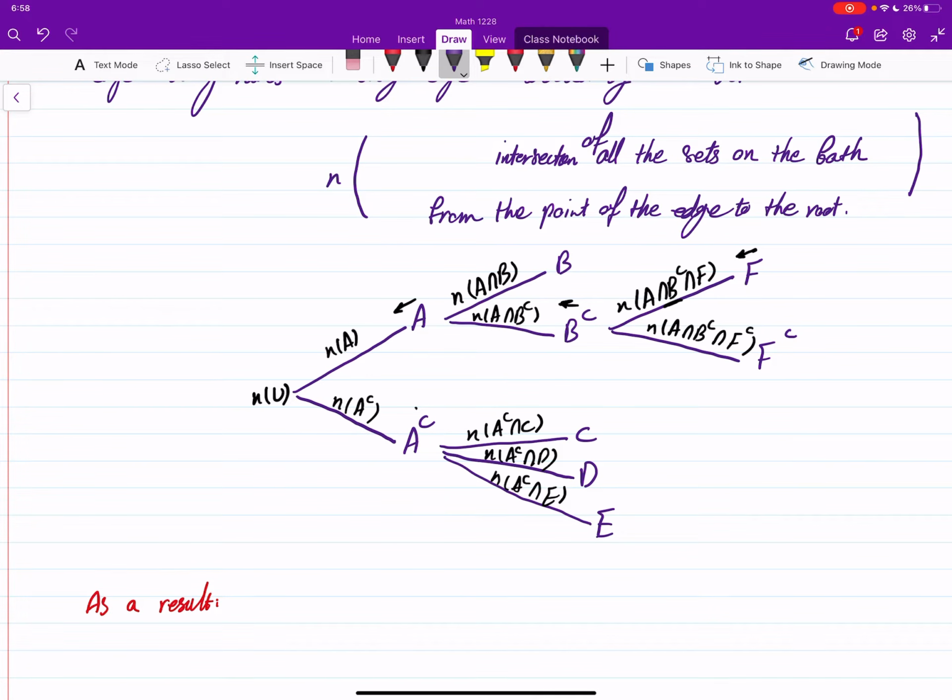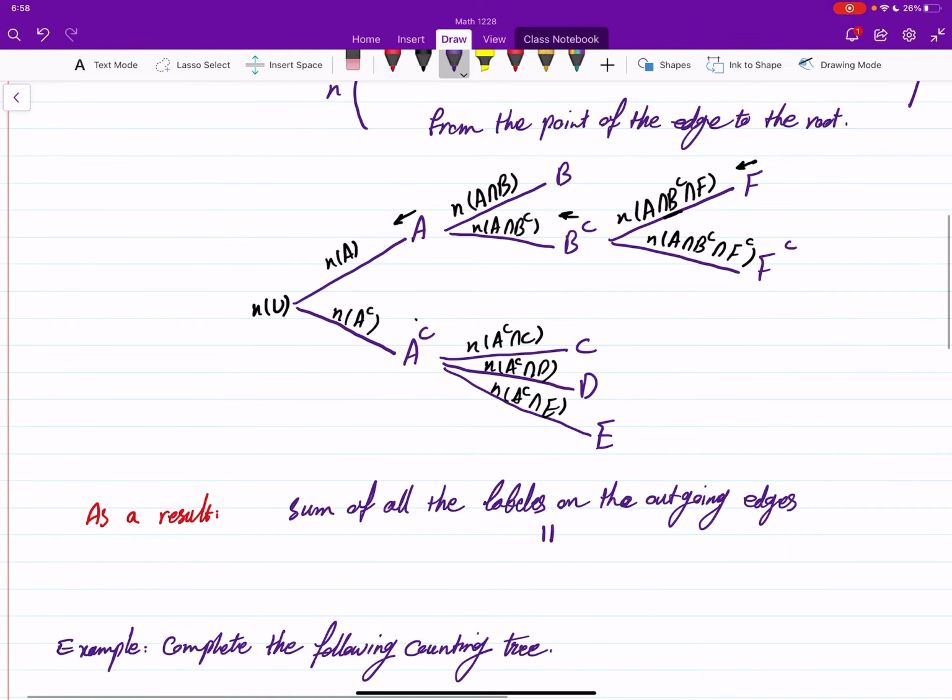The sum of all the labels on the outgoing edges must be equal to the number on the incoming edge.